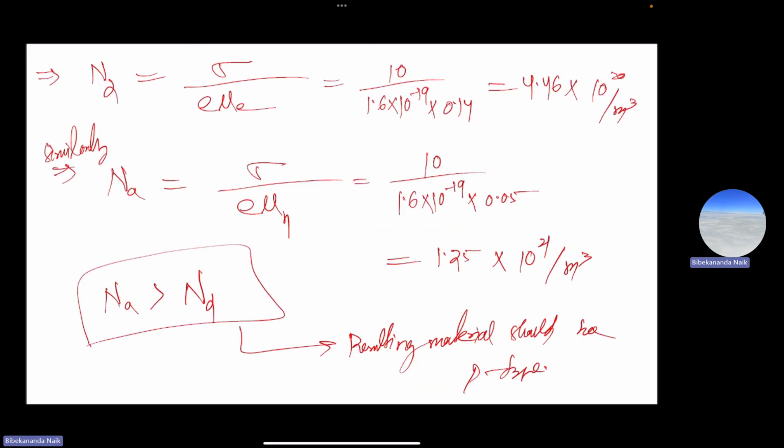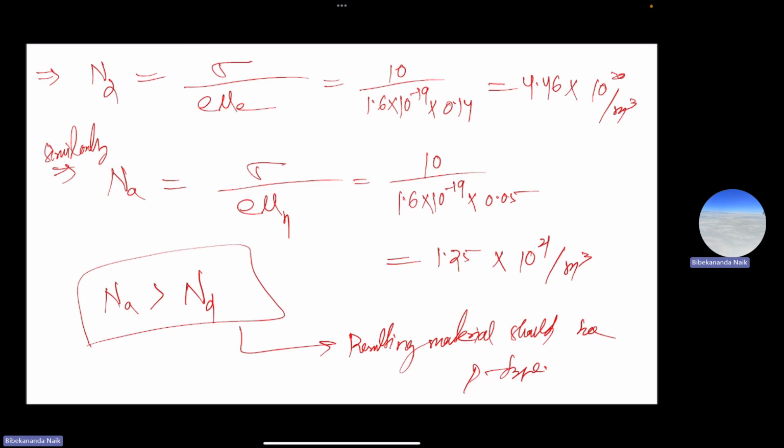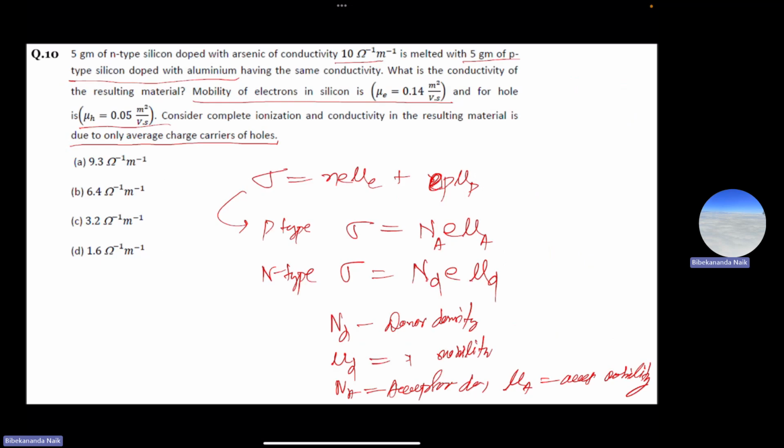Now, if we talk about the conductivity of the resulting material, in the question it is mentioned that we consider complete ionization and that the conductivity in the resulting material is due to only the average charge carrier of holes.